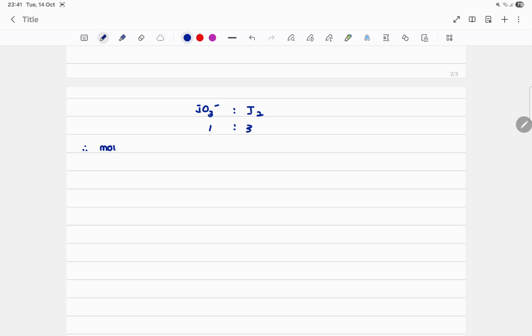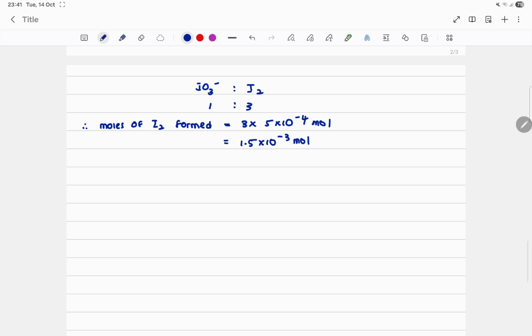Therefore, moles of I2 formed equals 3 times 5 times 10 power minus 4 moles, which is 1.5 times 10 power minus 3 moles of I2 formed. So this is the answer.